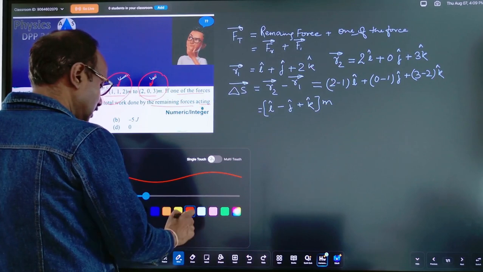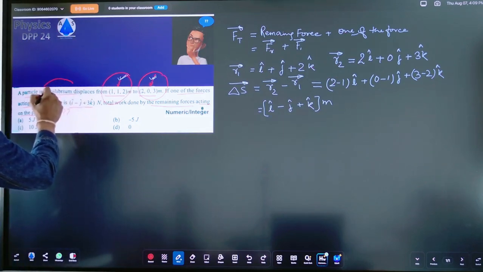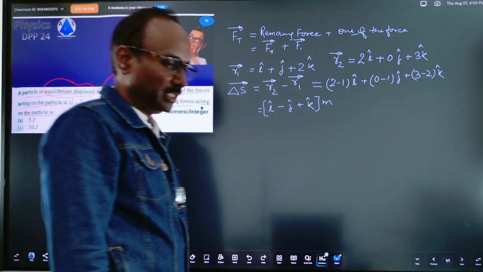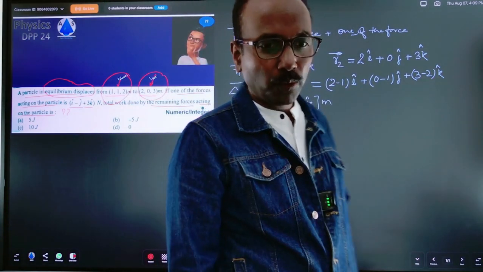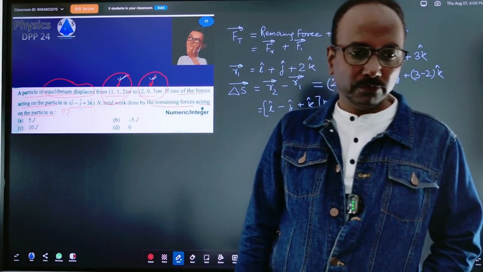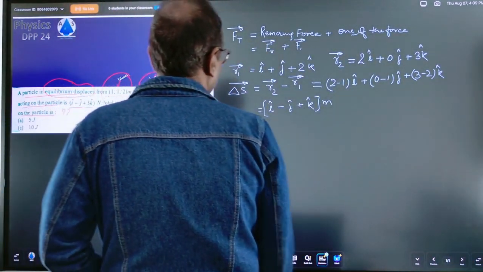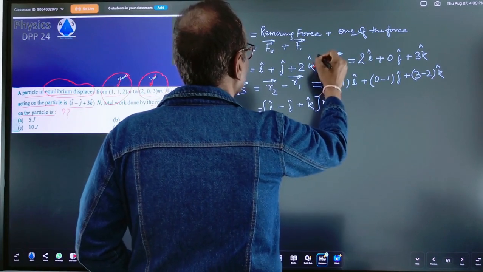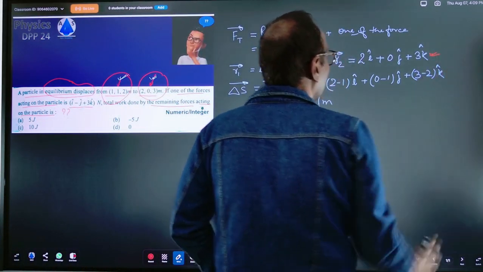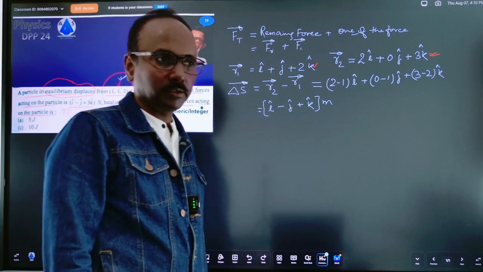In the question, it is mentioned the particle is displacing in equilibrium all the time. Means displacement is so slow that we cannot associate velocity with it. So initial velocity when it was at R1 position, and finally when it is at R2, at both locations the velocity is zero.